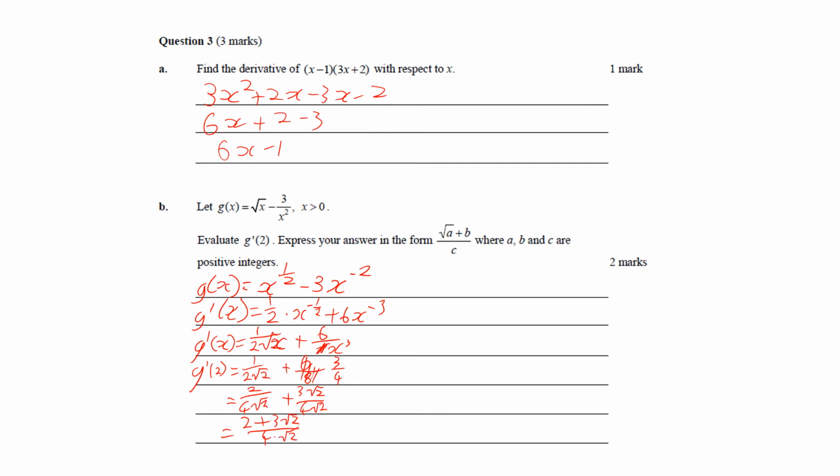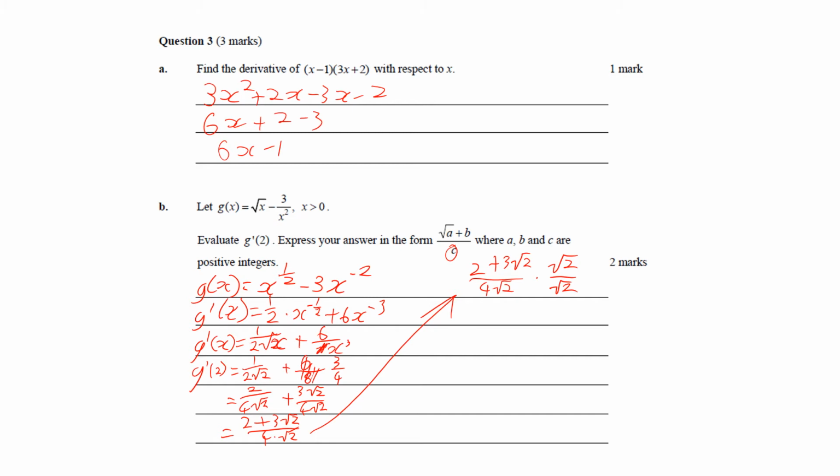So this is looking good. We've got the one fraction, but you might notice that this c is a positive integer, so I can't have a square root on the bottom. The way that we get square roots off the bottom is the technique of rationalizing the denominator, where we multiply by a fraction that has the numerator and the denominator both as whatever the irrational part of our denominator is. In this case, the irrational part of the denominator is square root of 2. So we multiply by square root of 2 over square root of 2.